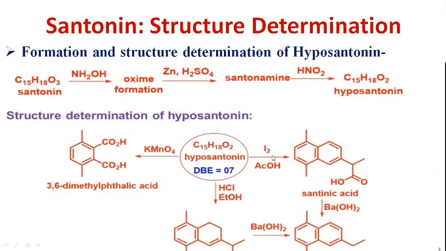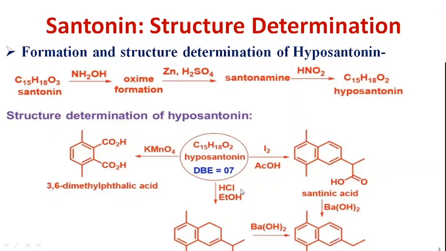The second is reaction with iodine and acetic acid. The ring might have been broken here with iodine, resulting in the formation of santonic acid, as you can see here, and next the barium hydroxide reaction. As you can see, this type of structure is obtained.